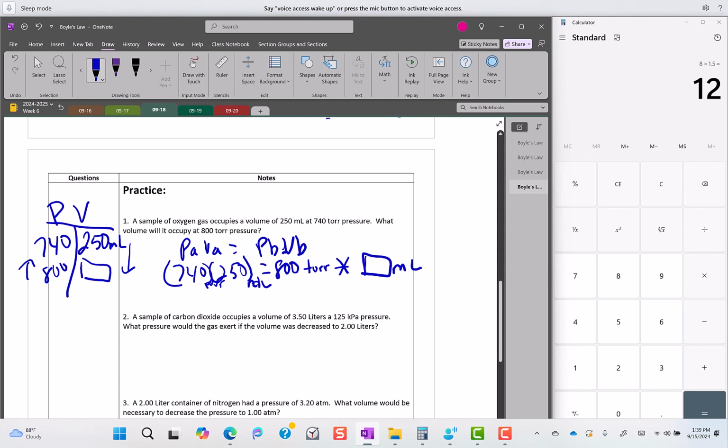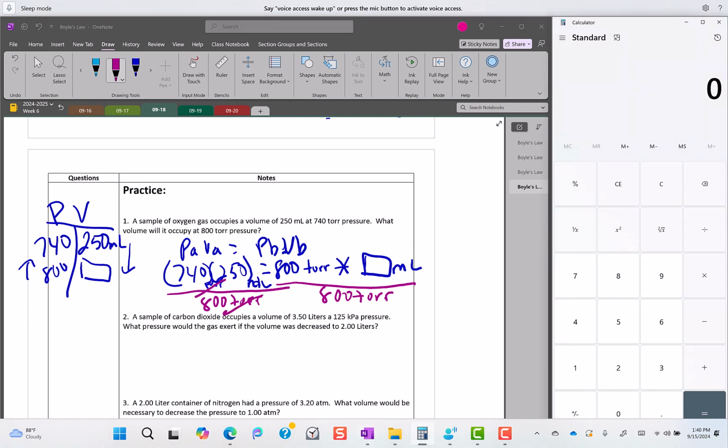Okay, come back over and we're going to divide both sides by 800 torrs. 740 times 250 equals 185,000, but then we're going to come back and divide out 800. So 231.25.